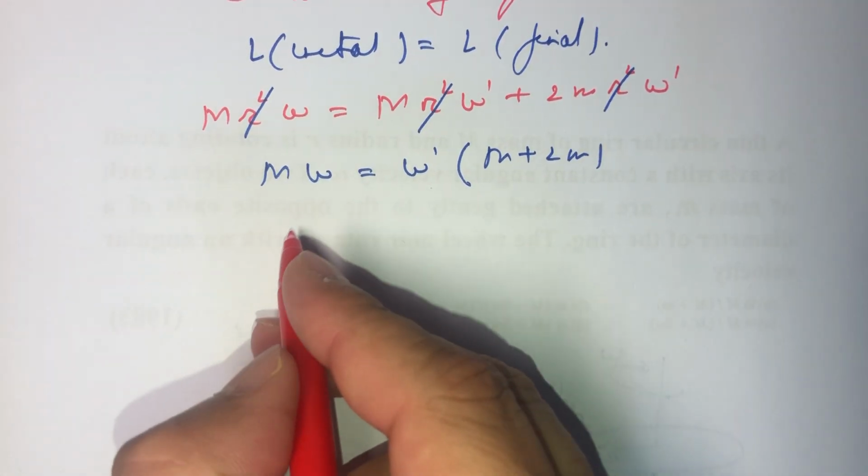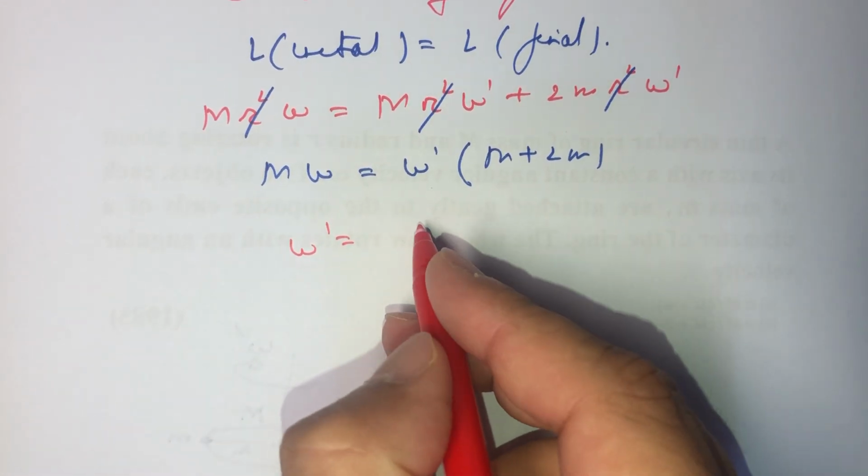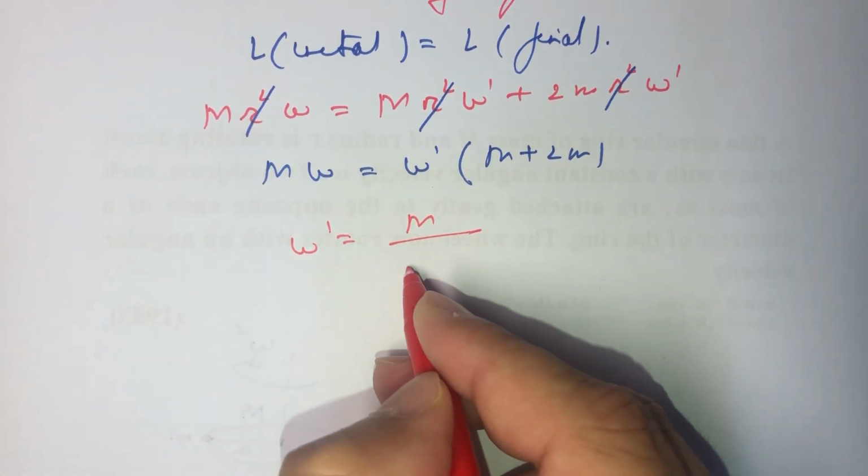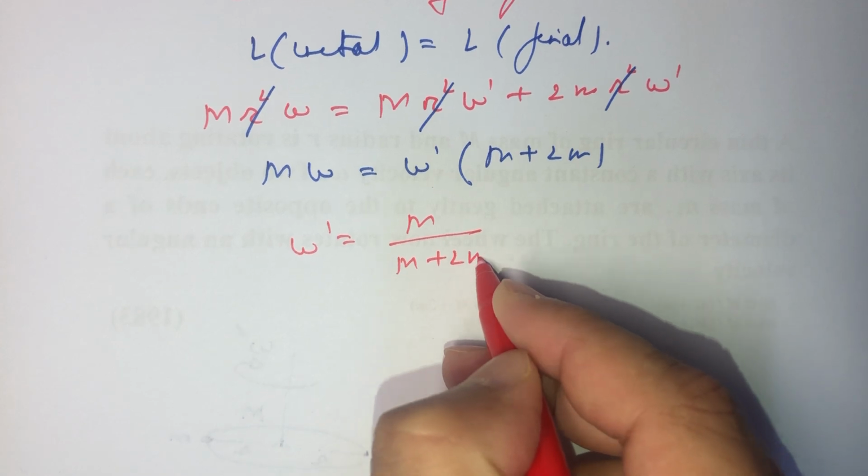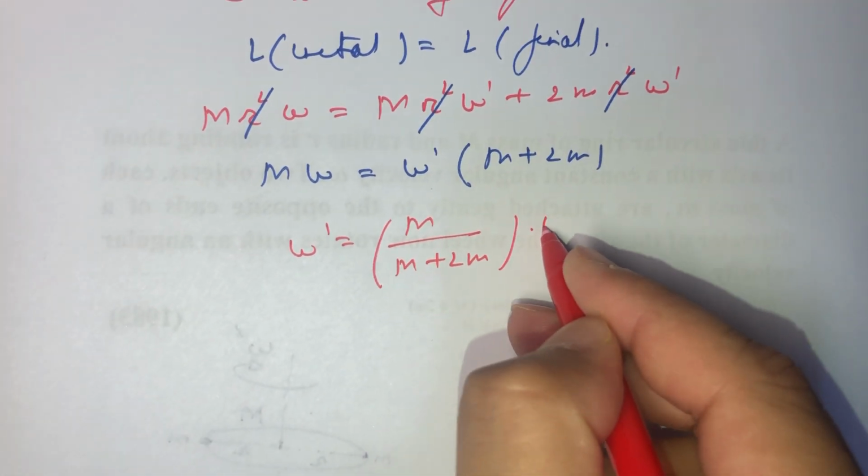Therefore, we get omega prime will be equal to M upon M plus 2m multiplied by omega.